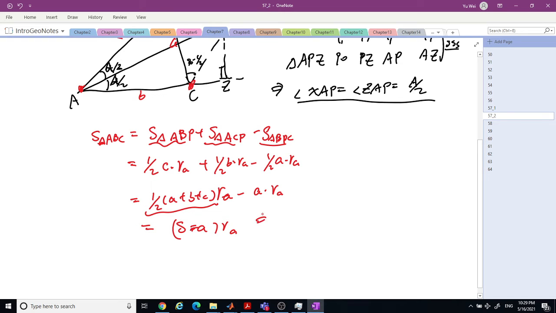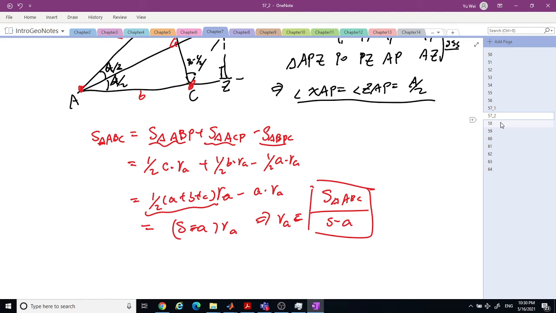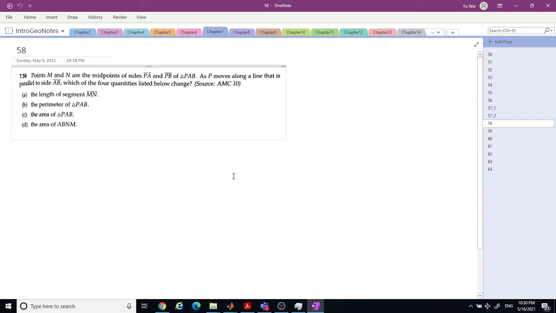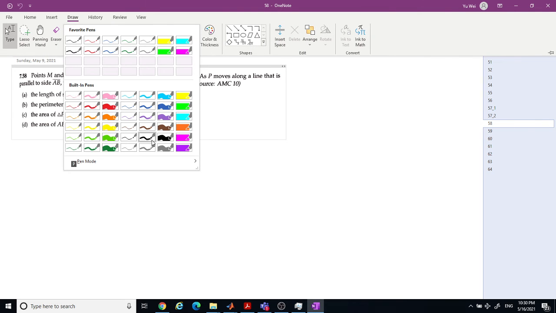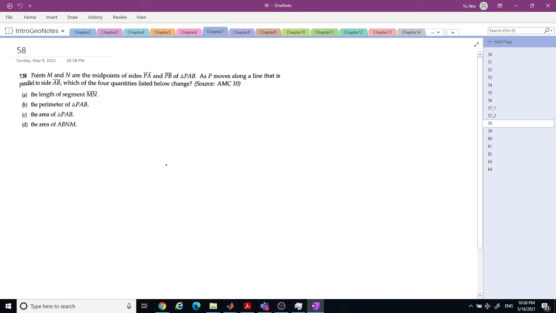So that's why you can see the RA equals the area of triangle ABC over S minus A. Okay. Next. So the points M and N are the midpoints of PA and PB of the triangle APB.